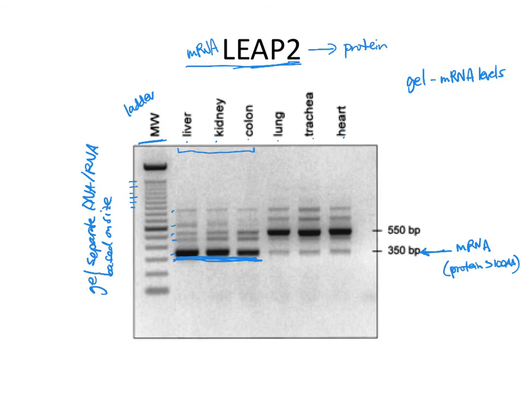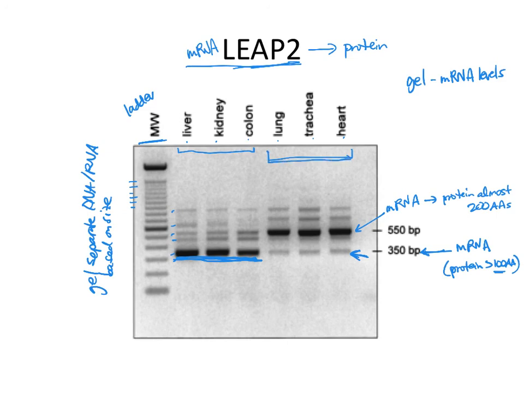Now, for comparison, in the lung, trachea, and heart, the 350 base pair mRNA is still present. So we're still making that 100 amino acid protein, but the more abundant mRNA is this one at 550 base pairs. That means this mRNA is going to be making a protein of closer to 200 amino acids, which could have a similar but totally different function.